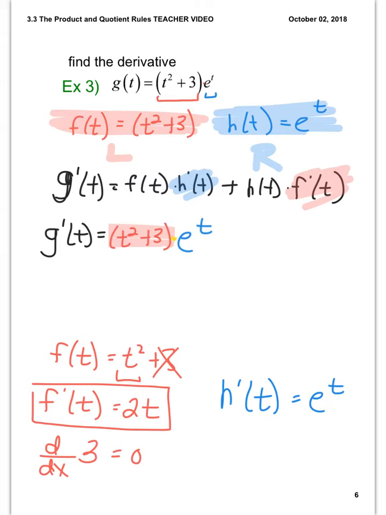And then, according to the rule, we have to add. We would take h of t, which we already know is here, and then we'd have to multiply that by the derivative of f. And the derivative of f, we said, was represented by 2t. And that is our derivative.